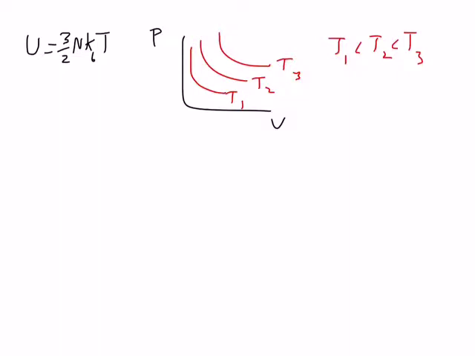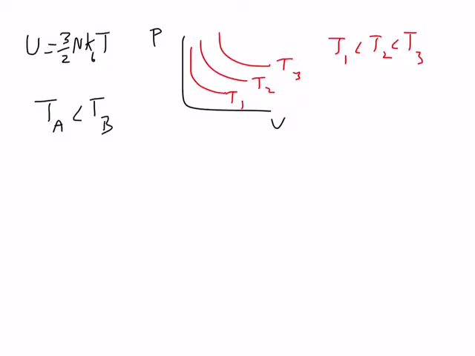And so because of that, we can tell that TA must be less than TB. Therefore, the internal energy must go up. That would be how I would justify it. I'd say that the temperature at B must be higher than the temperature at A because it's on a higher isotherm, and we know the internal energy is proportional to the temperature, so the internal energy must go up.